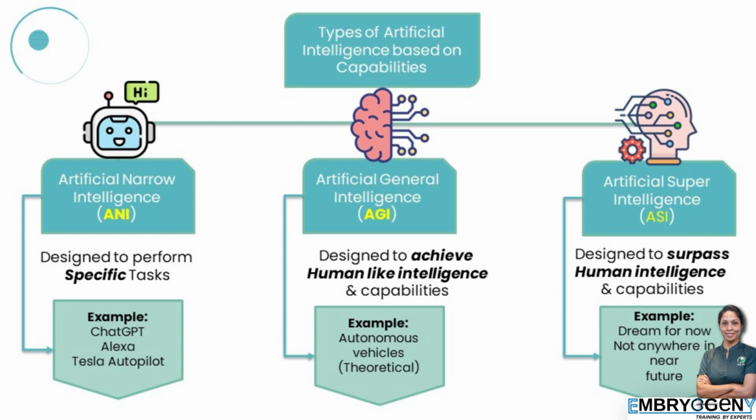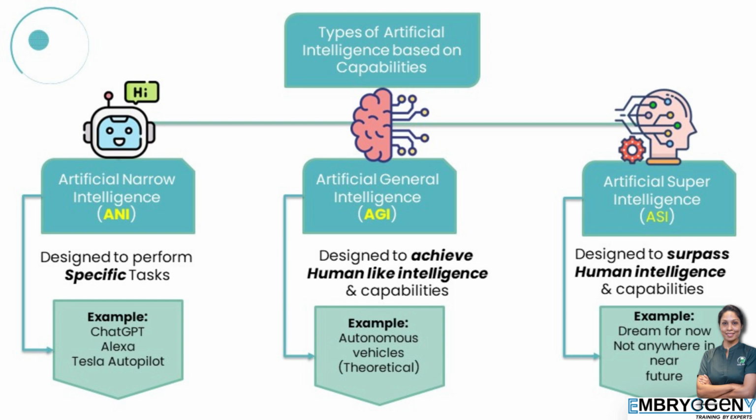So every AI tool, including ChatGPT, that is available in the market today is categorized as artificial narrow intelligence, or ANI, and it is meant to perform specific tasks. AGI stands for Artificial General Intelligence, and we might reach there in decades to come.